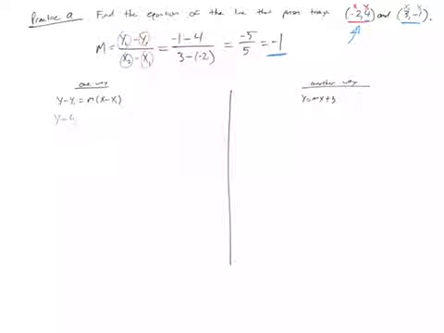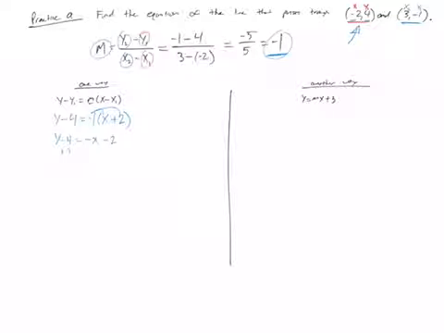So it's going to be y minus 4 is equal to m, that slope I've just found, so negative 1, times x minus x1, and x1 is a negative 2, so minus a negative 2 would be plus 2. Use that distributive property: y minus 4 is equal to negative x minus 2.